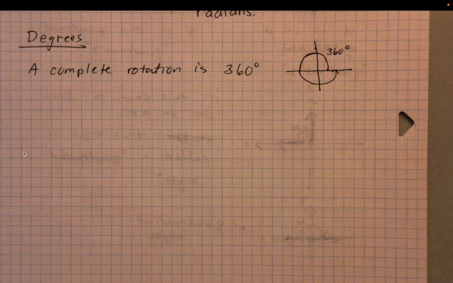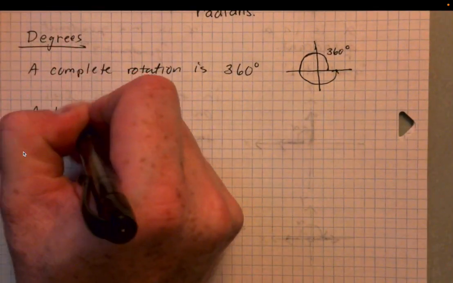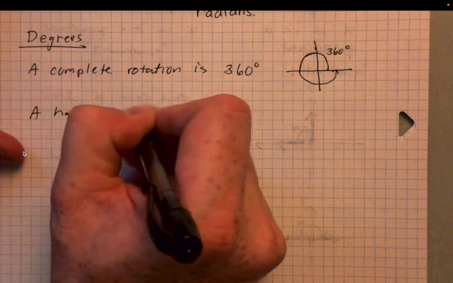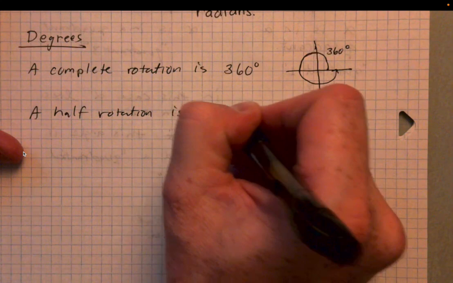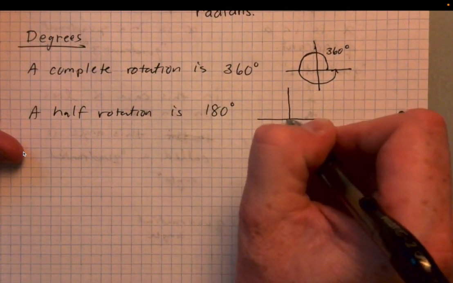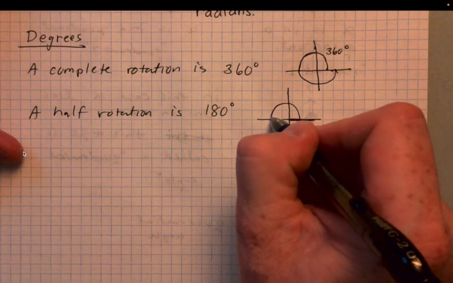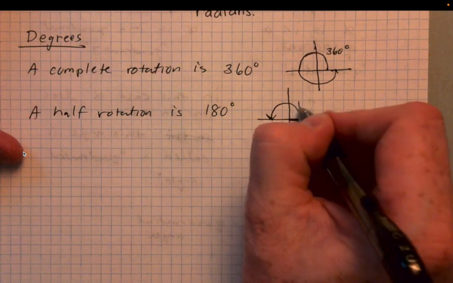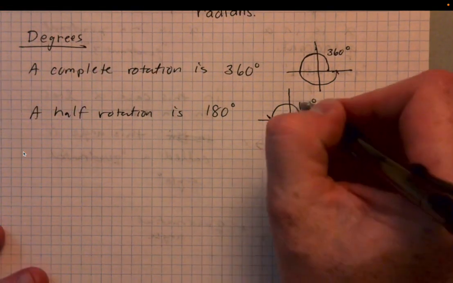Okay. And so that being said, a half rotation is half of that, which is 180 degrees. If my initial side is again on the positive x-axis, and I rotate halfway around the circle, that's a rotation of 180 degrees.